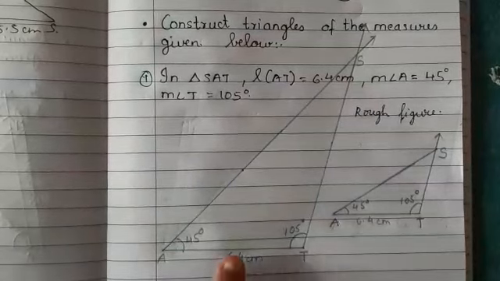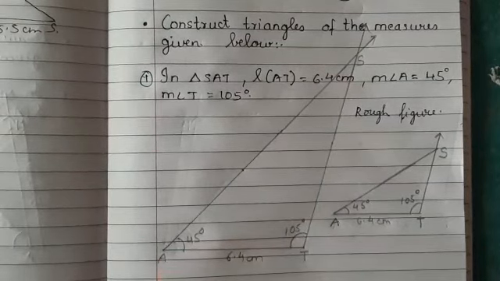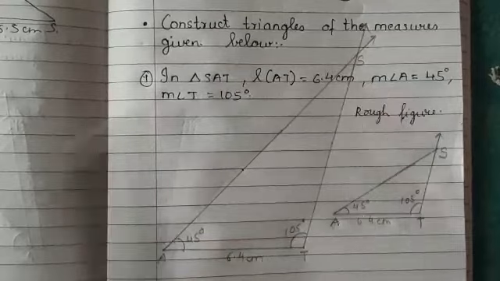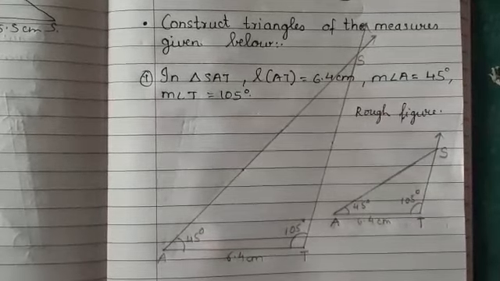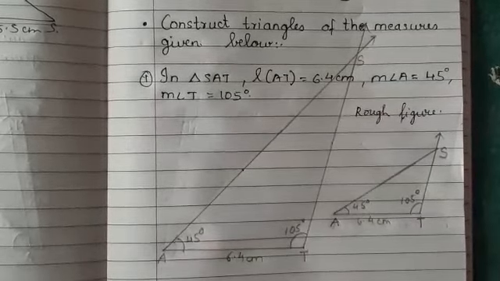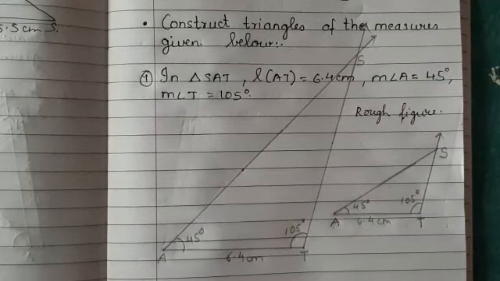So you can shift your baseline little down so that your main construction will not intercept your question. Okay, so you can shift the baseline little bit down, but construction is correct. Did you get an idea how to construct a triangle when two angles and the included side is given? Okay, now we'll move on to the next sum.